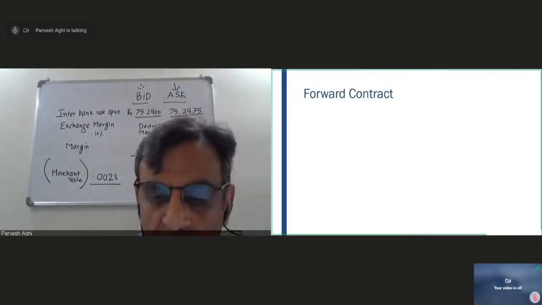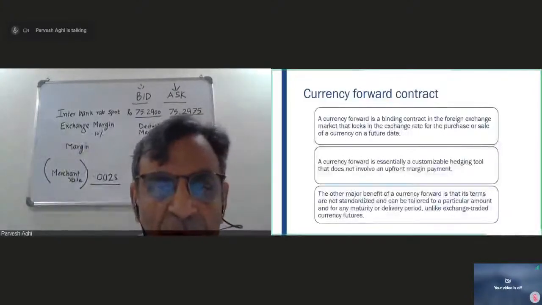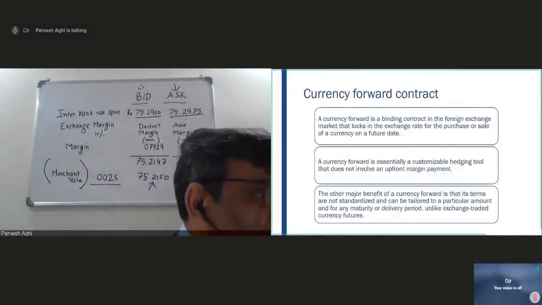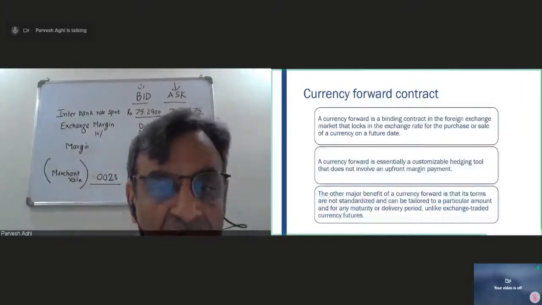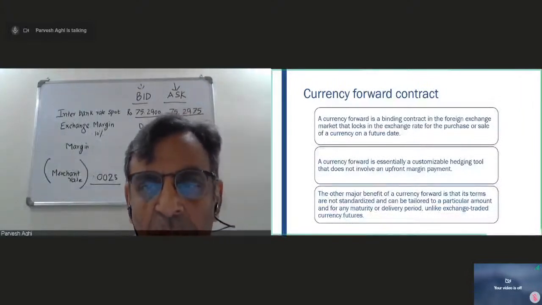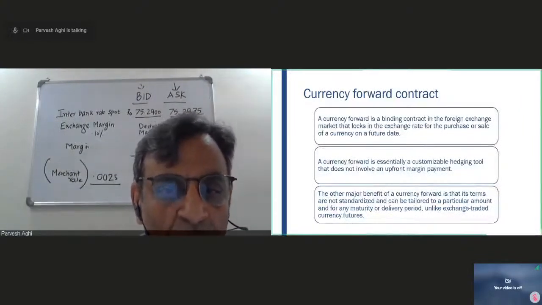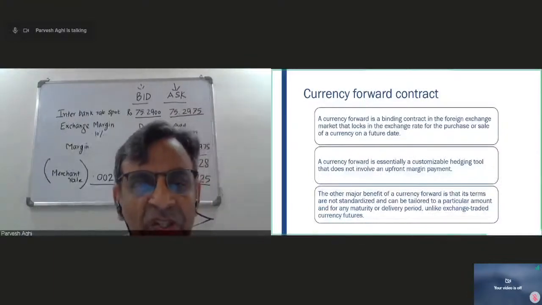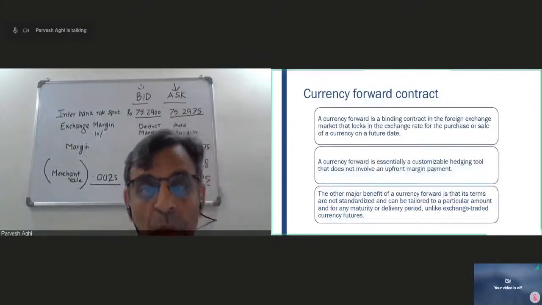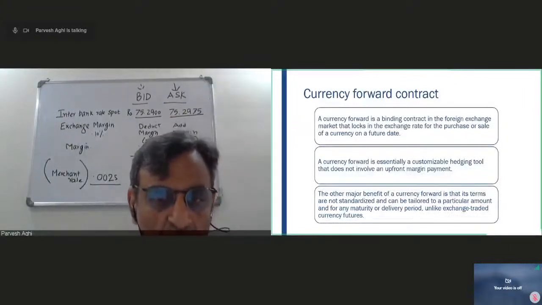Now, the other major benefit of this is very, very important, so please note down. The other major benefit of currency forward is that the terms are not standardized and can be tailored to a particular amount and for any maturity or delivery period, unlike the exchange traded futures. I told you that there are two options to achieve the same thing.